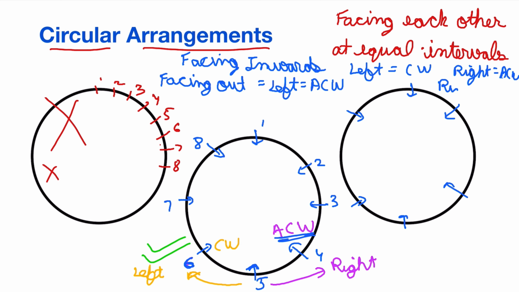Do not get confused in circular arrangement questions, especially when they are talking about inward and outward directions. At the same time, if they use the terms clockwise and anti-clockwise, they are simple. All you have to do is assume yourself in their position and you will be able to understand how to go about it. Else, always remember that if facing inwards, left will be clockwise, right will be anti-clockwise. Facing outwards, left will be anti-clockwise and right will be clockwise.